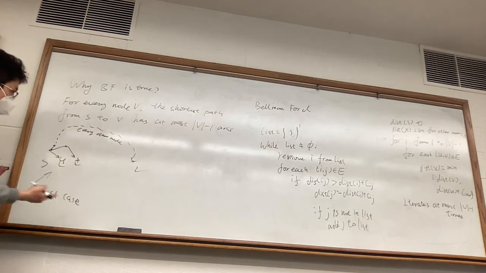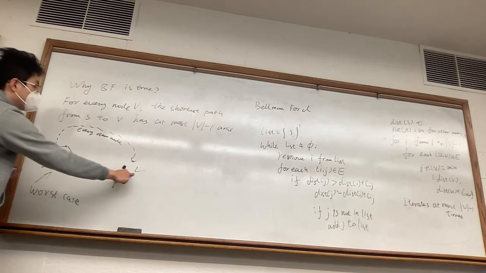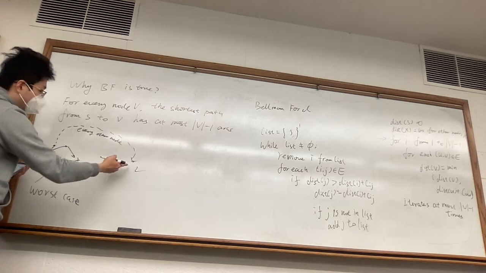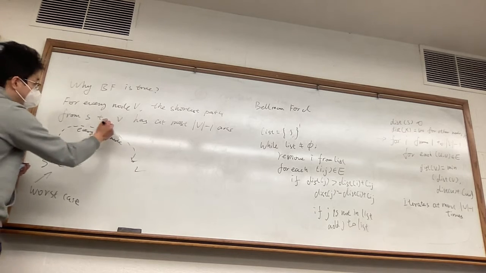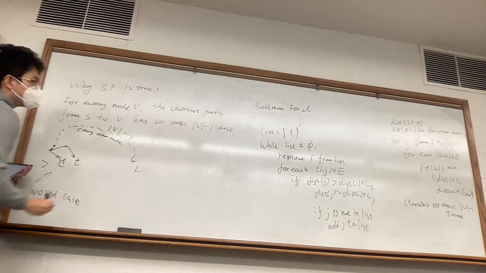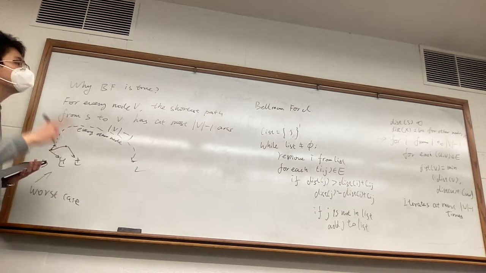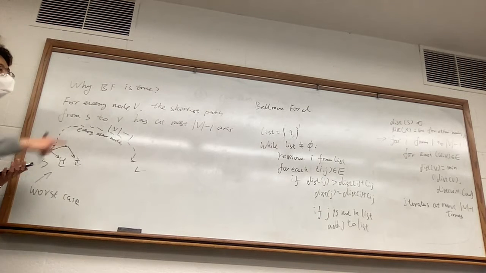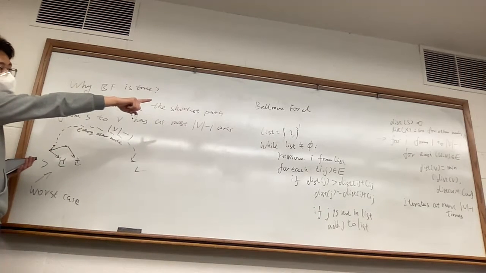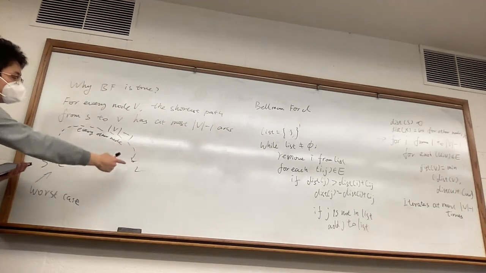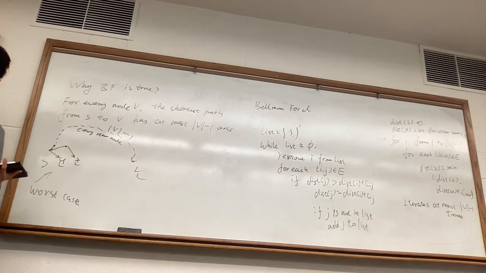In the worst case scenario, from S to a node V, you traverse every other node, and this path has length V minus 1. So in the worst case, you do the outer for loop V minus 1 times, then V should also be done. So this explains why Bellman Ford makes sense.